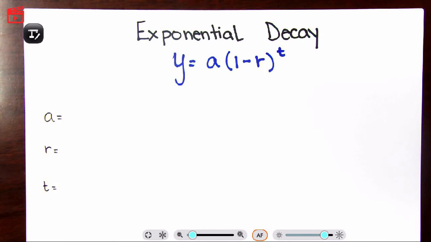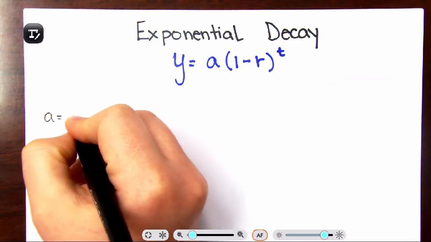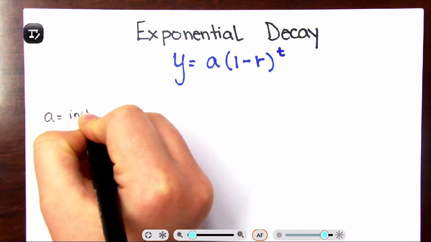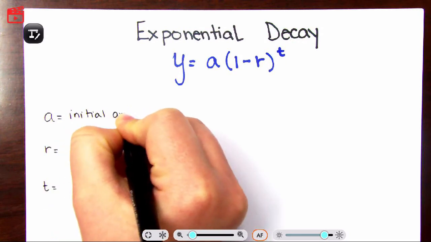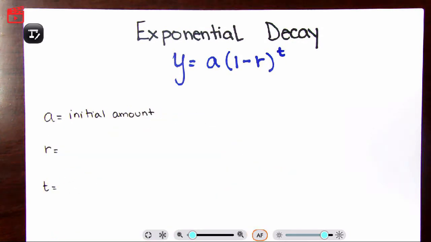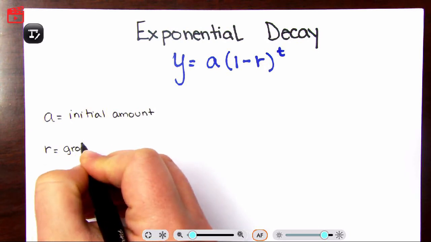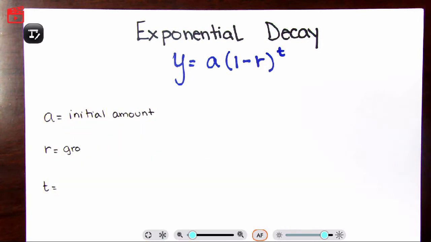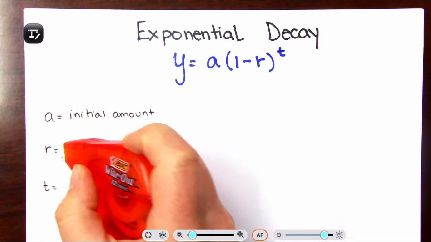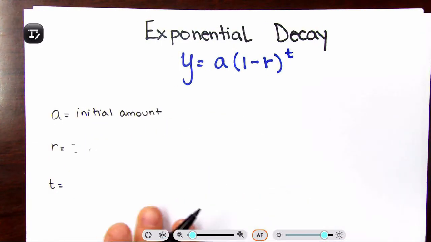Now our A value is exactly the same. R and T are exactly the same. So our A value is our initial amount. What are you starting with? Your rate is your growth rate, or in this case, since we were doing decay, this is going to be your decay rate.